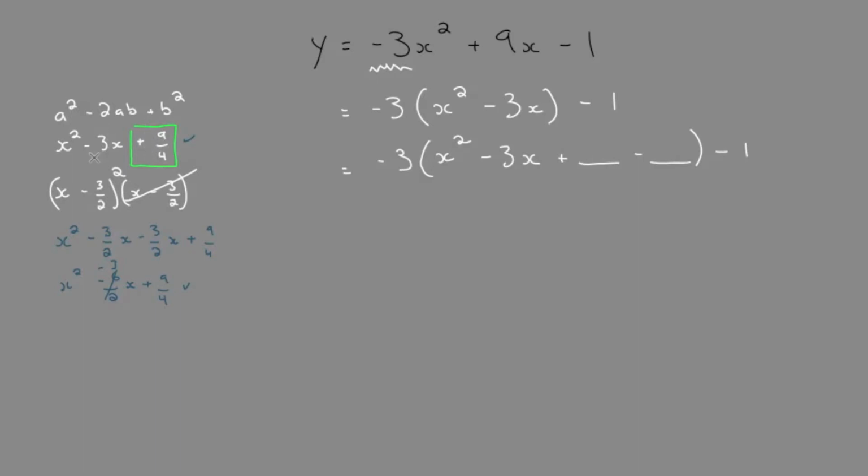Well, we take this middle value, let's call it b, and plug it into an equation that we know. This equation is very useful when x is just 1. So you just divide b by 2 and square it after we've common factored the -3 out.